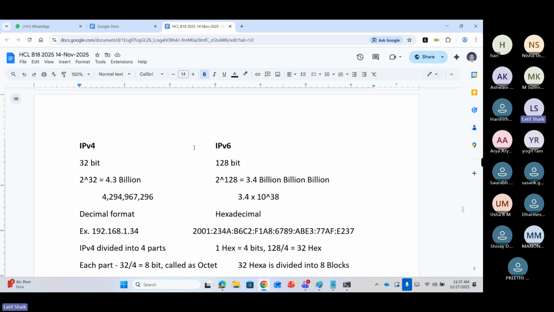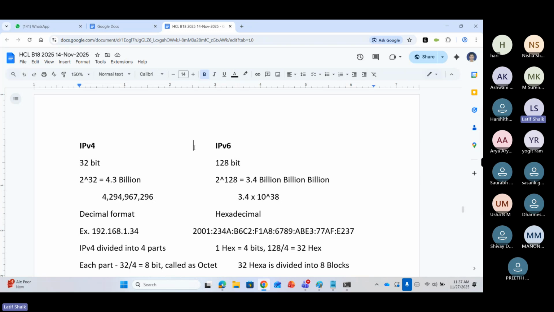A is 1010. B is 1011. 6 is 0110. C is 1100. Okay, 2001:0... directly we can write.